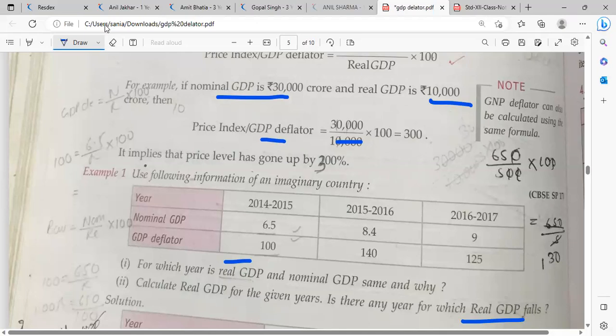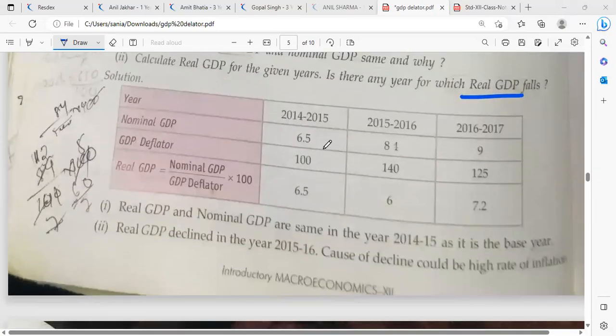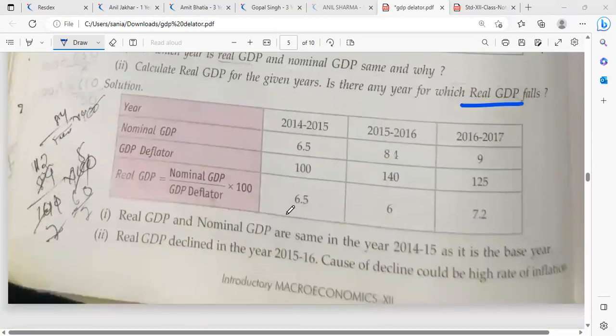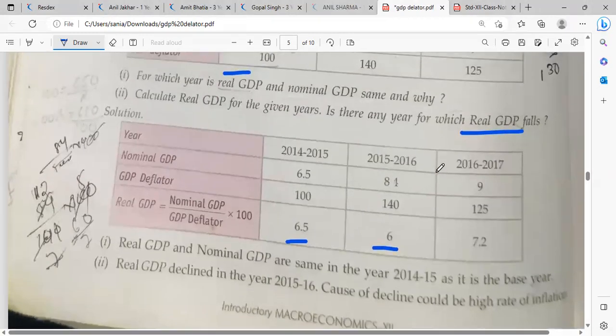Done, girls? Yes, ma'am. So for this, you got real GDP 6.5, 6, and 7.2, right? Same, both of you? Ma'am, for real GDP, we have to take base year price, right?